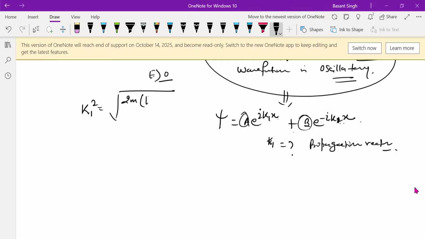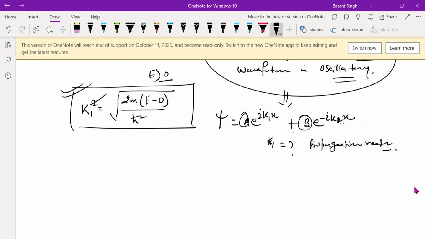Here 2m by h-bar squared is a constant. First I have to take the higher value and then the lower value, so E minus 0, which is always positive. So k1 is equal to this much.